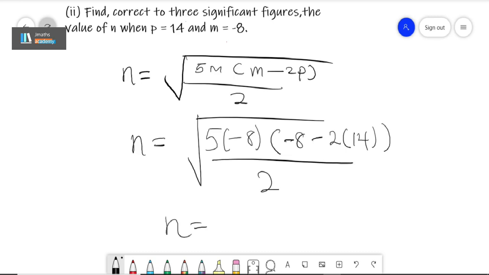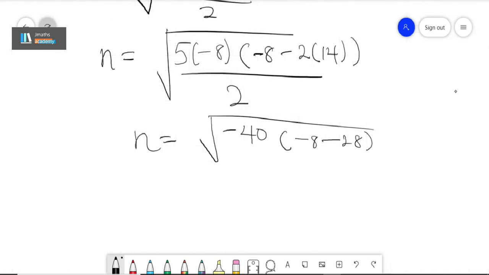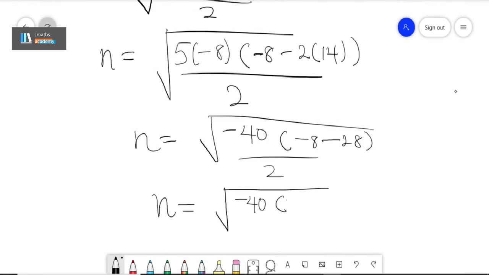So we have our n equal to 5 times negative 8 is negative 40, open bracket, we have a negative 8 and a negative 28 because 2 times 14 is 28. So we have a negative 28 there over 2. So we have our n equal to the square root of negative 40 multiplied by negative 36 over 2.